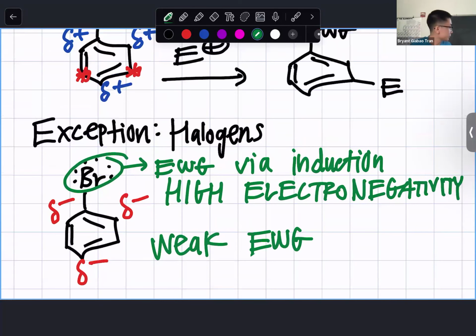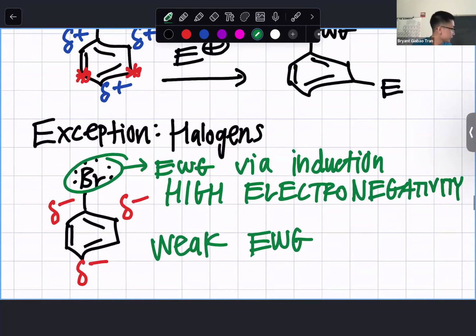Even though they are EWGs, they are not meta directors because they put negative charges on the ortho and para positions. This halogen here, even though it's an EWG, is an ortho para director. So that's the exception.